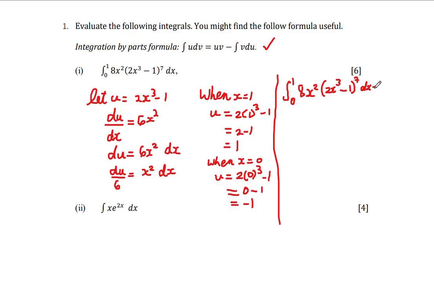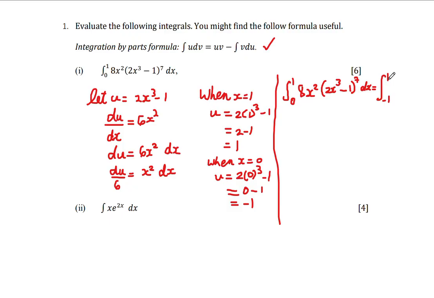This would now be re-expressed in terms of u as follows. It's going to be the integral between 1 and negative 1, because these are the new limits of the integration in terms of u as computed here.